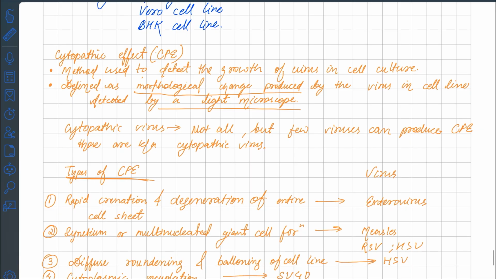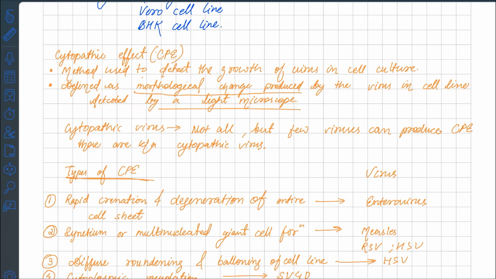Now, what is cytopathic effect or CPE? It is a method which is used to detect the growth of virus in a cell culture. Supposedly we have done a cell culture of virus, now we want to see the growth of the virus. The method which we are going to use is cytopathic effect. It is defined as morphological change which is produced by the virus in the cell line detected by a light microscope.